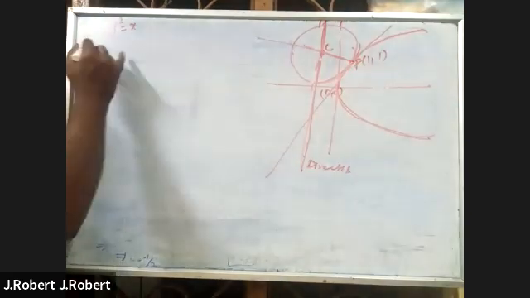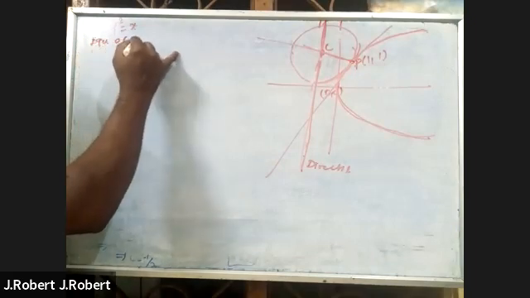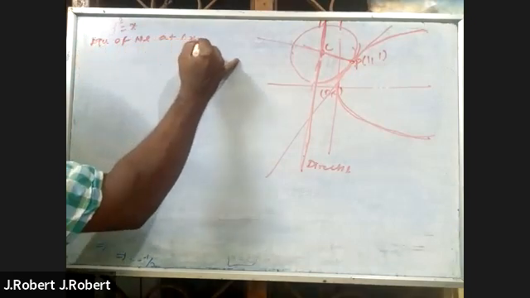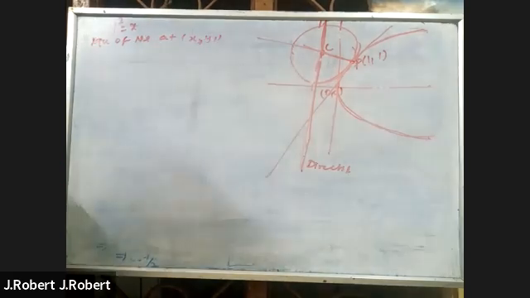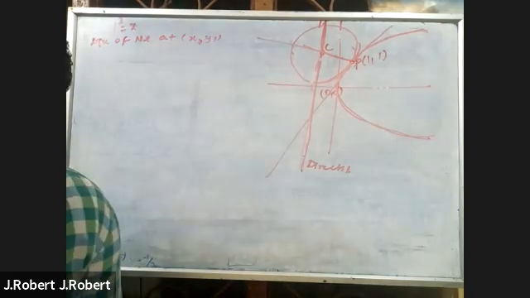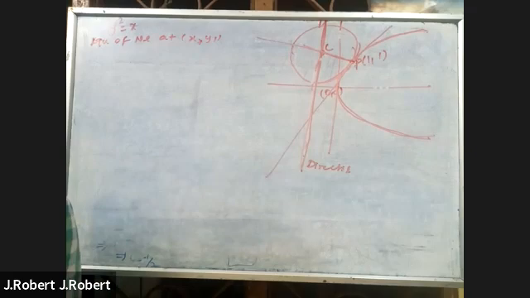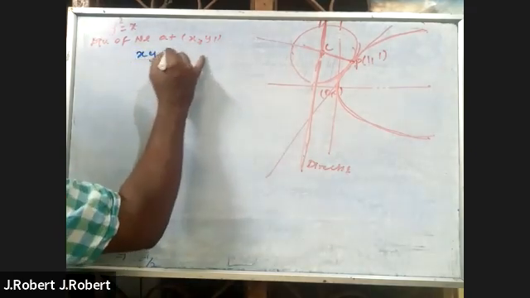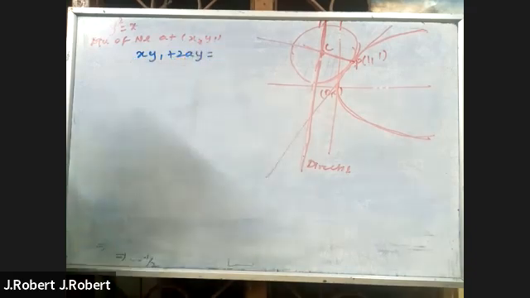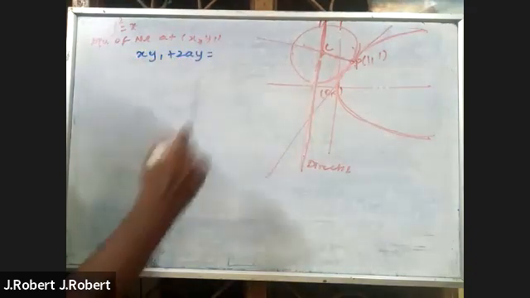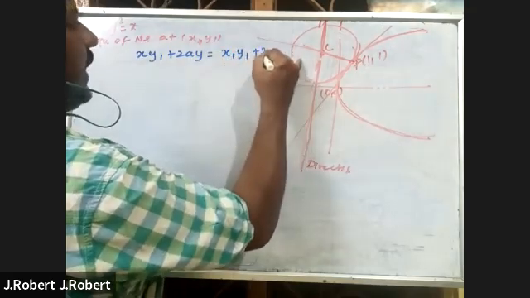There is a formula for the equation of the normal at x1, y1. Anybody, please go back to the book I gave. What is the formula for the equation of the normal? Quick, there is no time. The equation of the normal at x1, y1 is x y1 plus 2a y equals x1 y1 plus 2a y1.